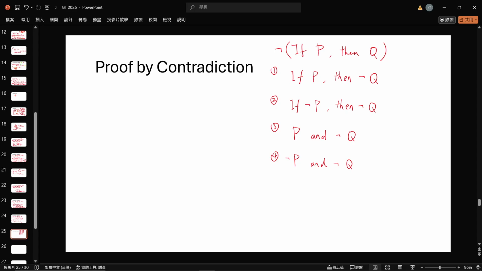So which one is correct? 所以若 P 则 Q，然后如果这是错的，我要找到这个 negation。所以这句话跟下面这4个哪一个是一样的？Right.